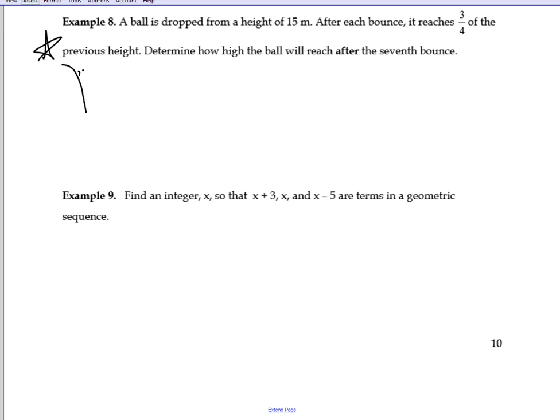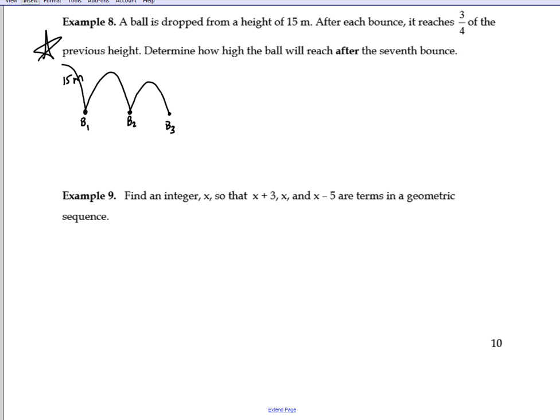Okay, so 15 meters. After each bounce, it reaches 3/4 of its previous height. Okay, so here's the first bounce. Then it's going to go up and down, bounce 2, and then 3, and so forth. So if it goes at 3/4 of its previous height, 15 meters.